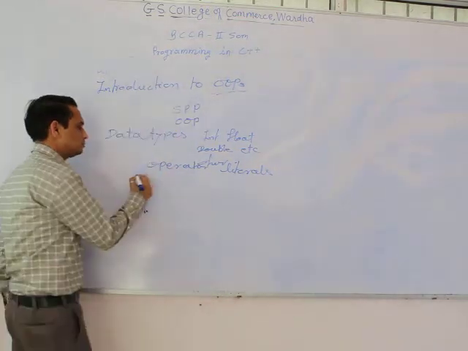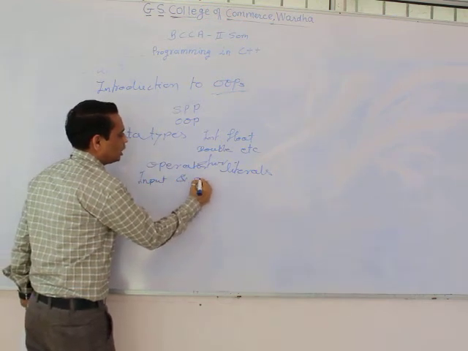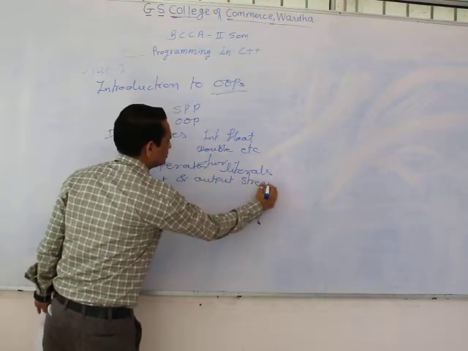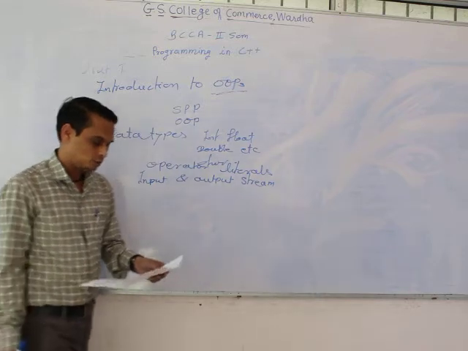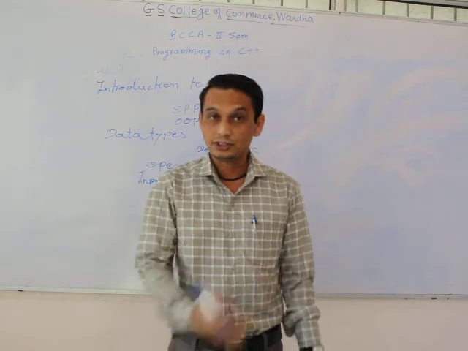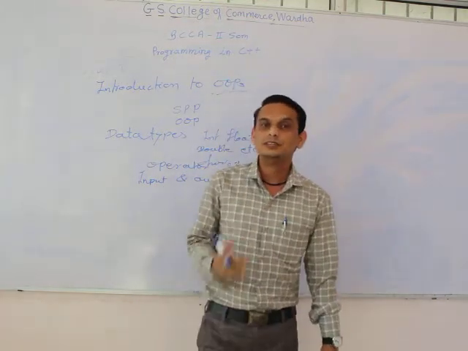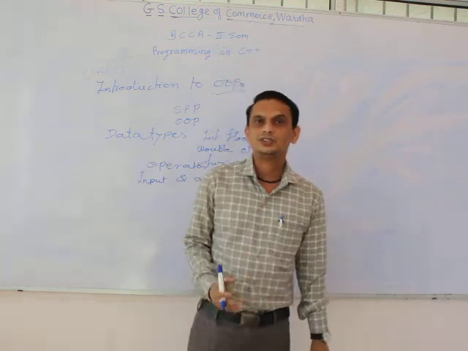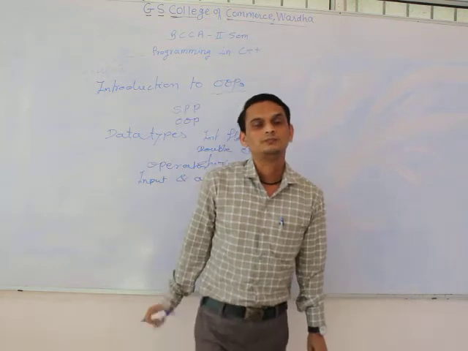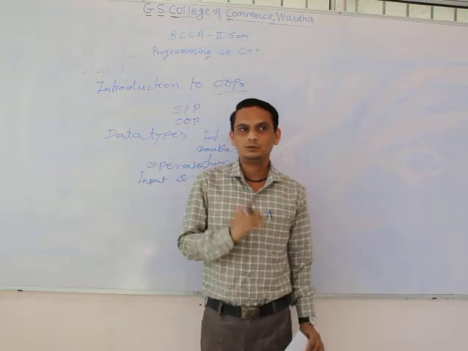Then input and output string. Just like we use some functions in a programming language, in C language we use printf, scanf, clrscr, getc, getch. These functions are used in C language. In the same way, these functions should be included by a preprocessor.